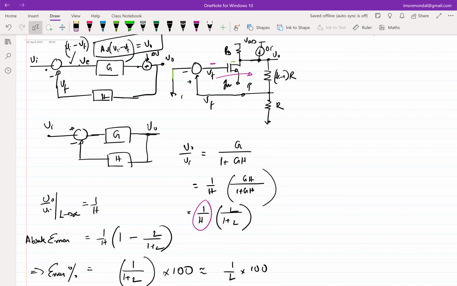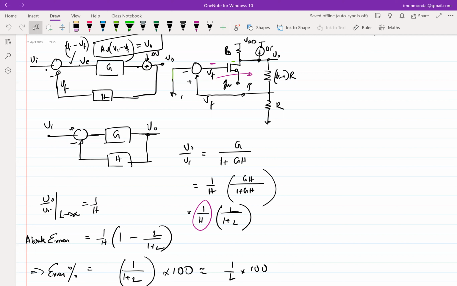And if I tell you that I want an amplifier with a gain of 2, which is accurate within 0.1%, you readily know that the feedback factor has to be 1 by 2, a voltage divider of 1 by 2. And you also know that 0.1% error means the loop gain has to be 1000, which means the gain of the amplifier times the feedback factor has to be 1000, so the gain of the amplifier has to be 2000. So you go back and design the amplifier based on that.